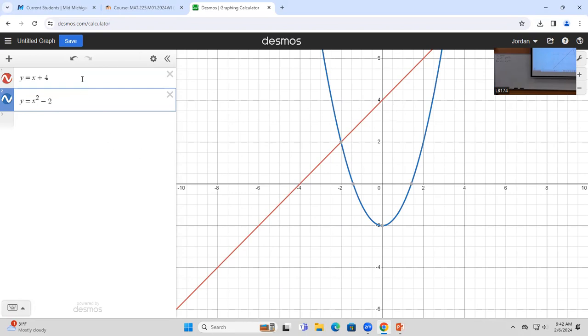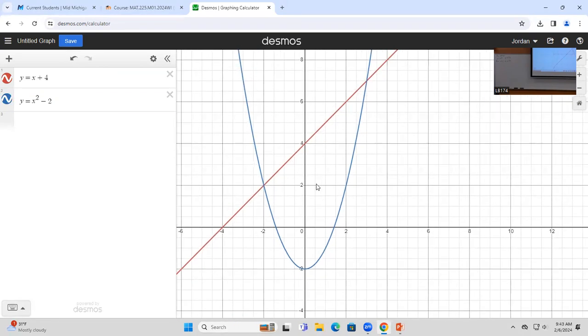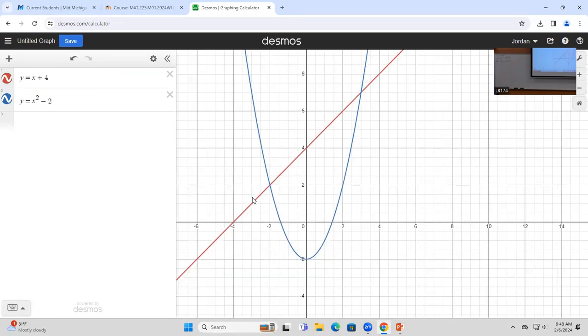Now, just so we're all aware, this is the graph of both. The line here is Y equals X plus 4. The parabola is X squared minus 2.